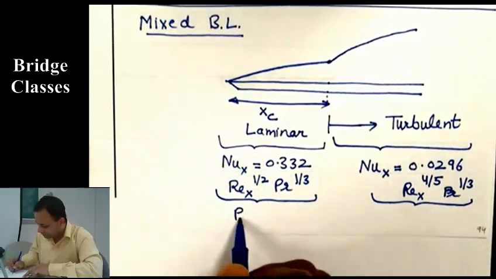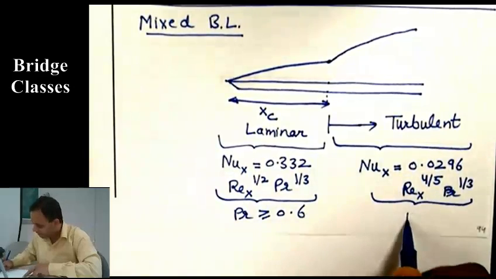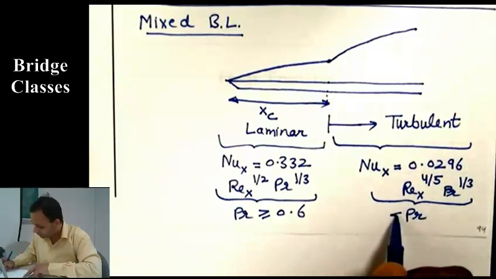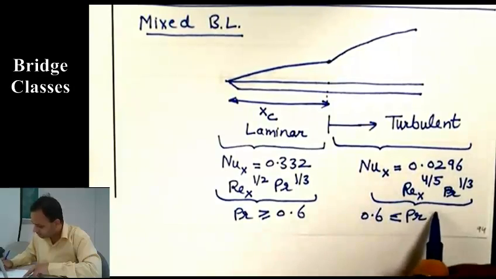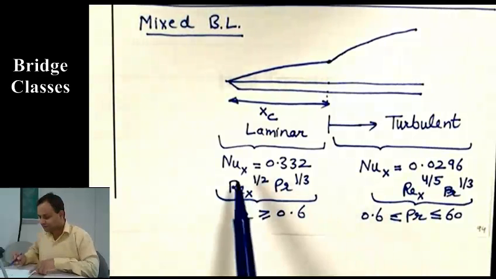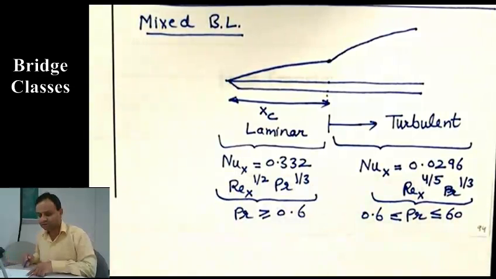This formula is for Prandtl number greater than or equal to 0.6, and this is for Prandtl number greater than 0.6 and less than 60. So if you are interested in the local Nusselt number or local convection coefficient, we can use these formulas.